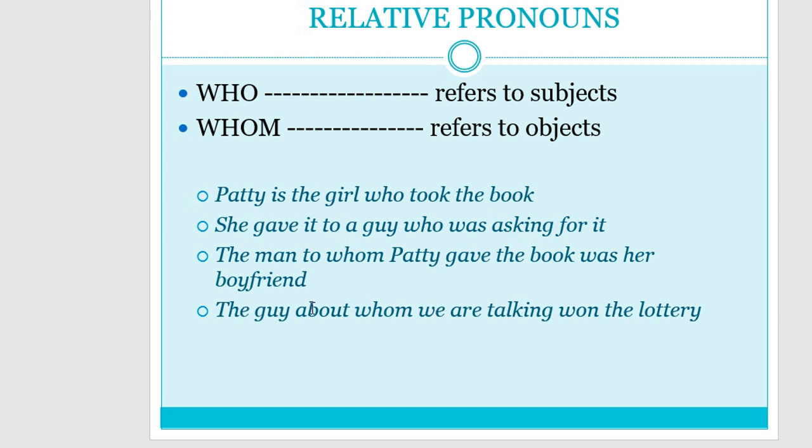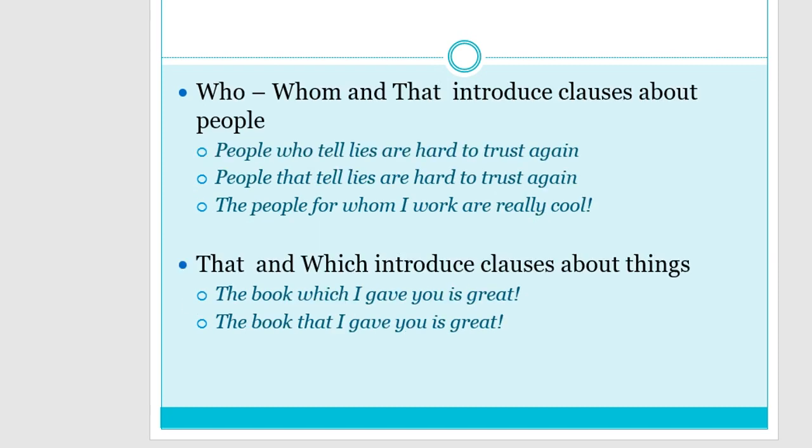So the structure of the adjective clause here is a relative pronoun plus subject plus verb: whom we are talking. That's how we can directly recognize the adjective clause. Whom and who, the examples here introduce a clause about people, and it's very clear.